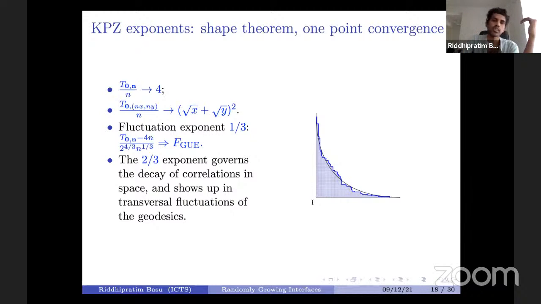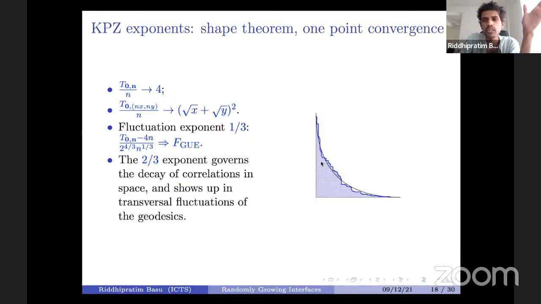What is known about this model? A lot of things are known. In particular, as I said, the growth is linear. Look at the picture on the right hand side. The blue region represents the set of vertices that have passage time less than or equal to t from the origin.